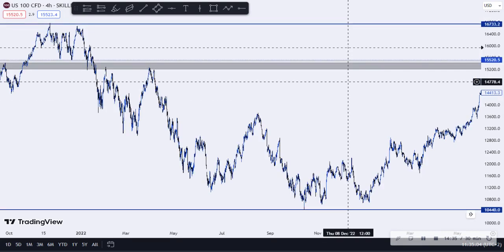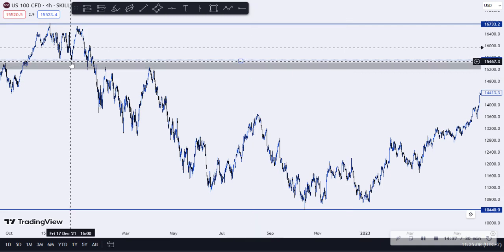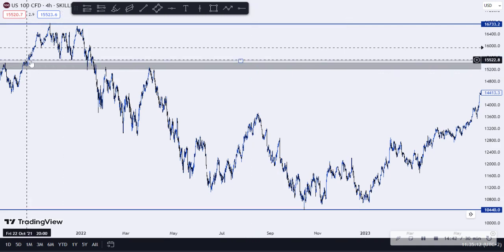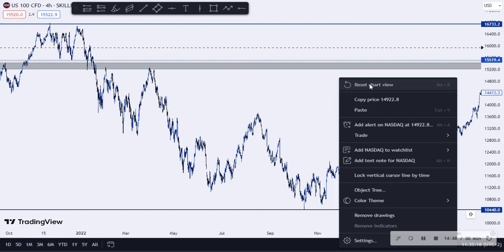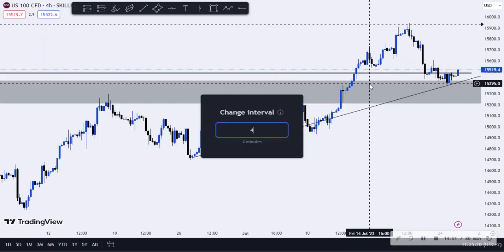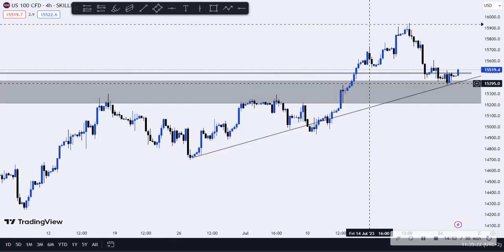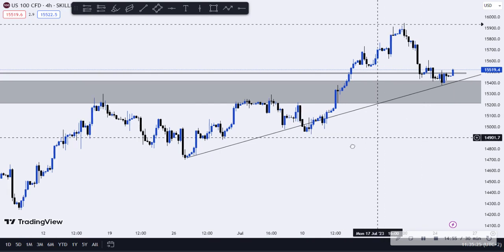That market just broke out. Now we can see that we have a touch here, a touch here, a touch here, a touch here, and a breakout. What does this mean? This means that we are on a strong support right now.